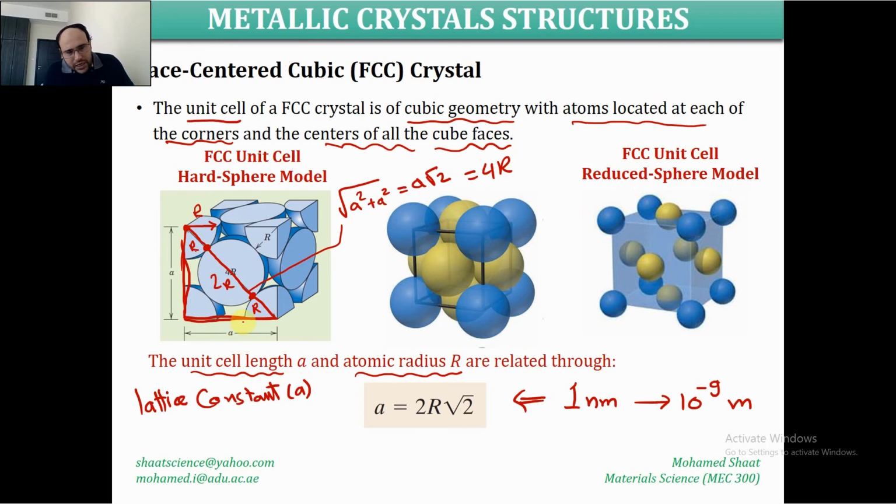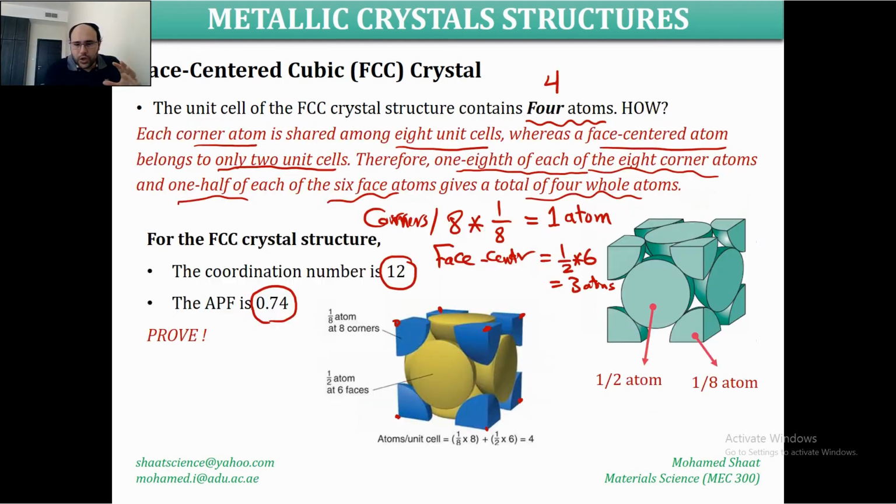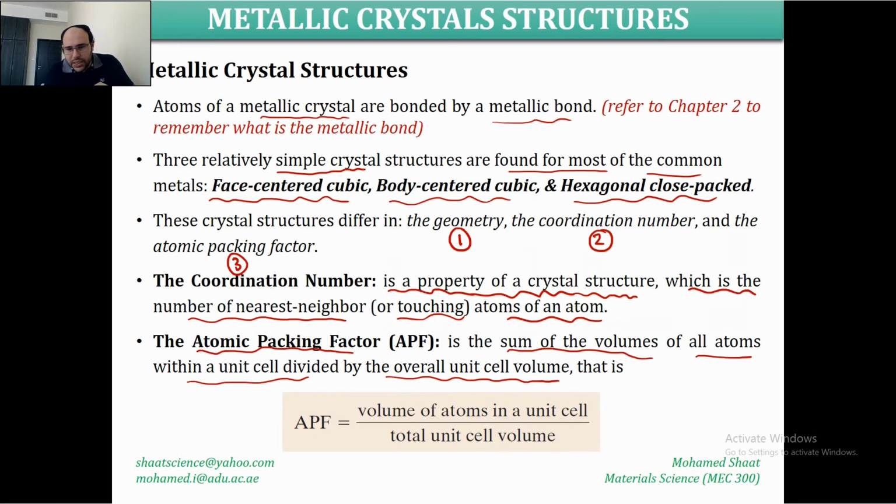This is the side edge a. So a cubed is the volume of this cubic shape. So the volume of the unit cell, the denominator here, is a cubed. Very simple.